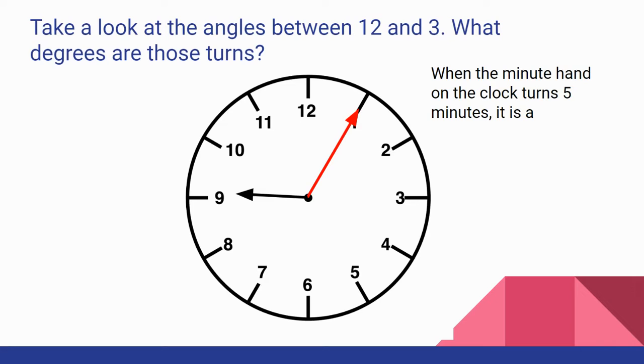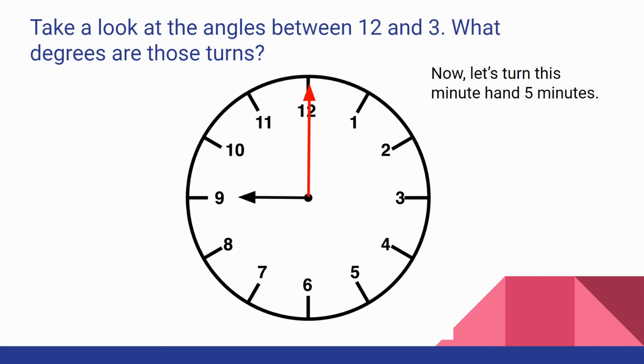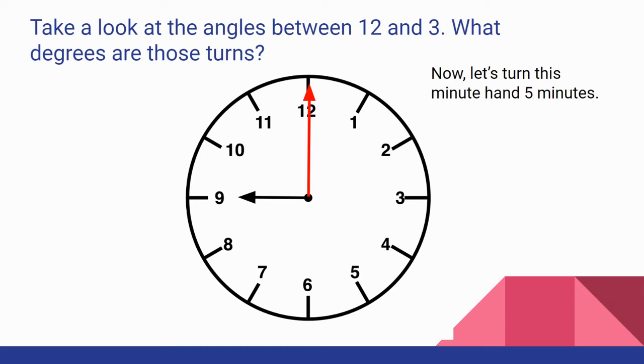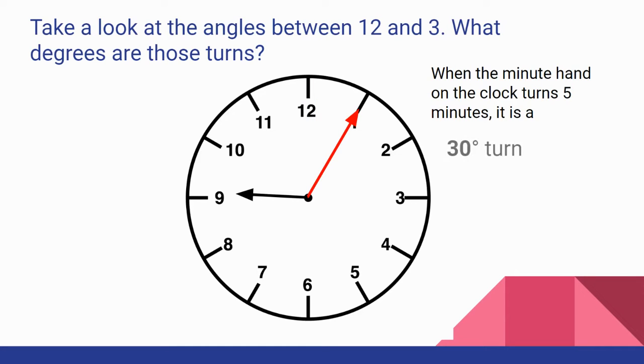So when the minute hand on the clock turns 5 minutes, how many degrees is that? Take a look. If 15 minutes is 90 degrees, then 5 minutes will be a 30-degree turn. So each time the minute hand moves 5 minutes, it is a 30-degree turn.